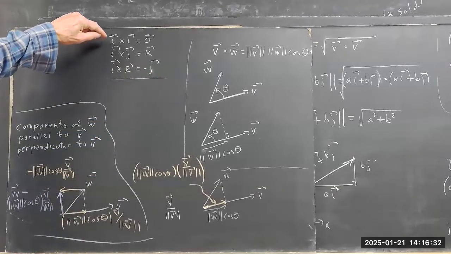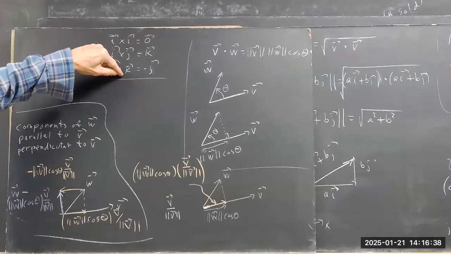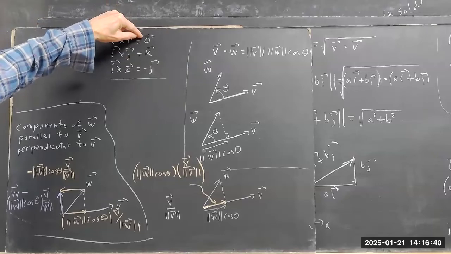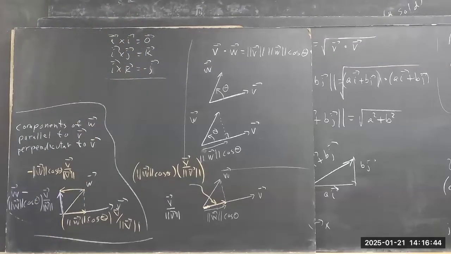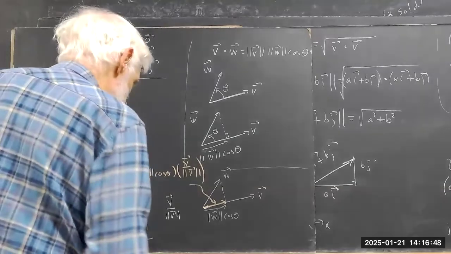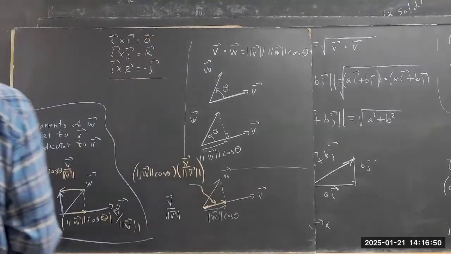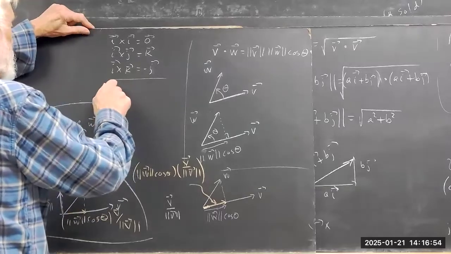Now, this says I, right? This is I, J, K. This is the zero vector, K, negative J. I'm sorry, this chalk isn't writing very well.